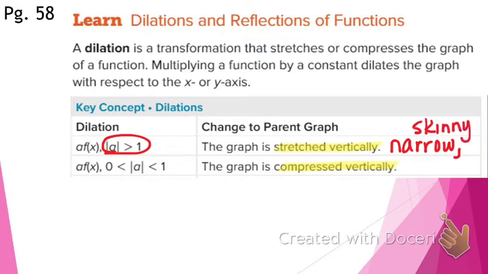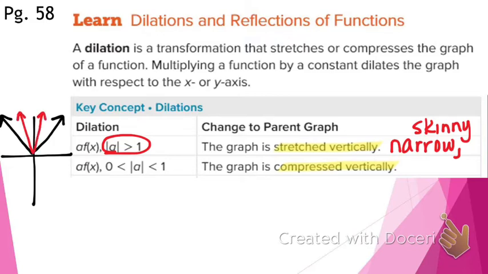That's what that looks like on the graph. So if you have, for example, off to the side, we'll draw an example. If you have, this is your parent function, we'll say this is the parent for an absolute value. If A is greater than 1, it's going to get skinnier, so it's going to look like this.